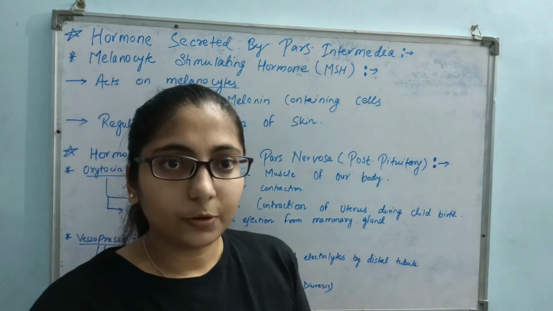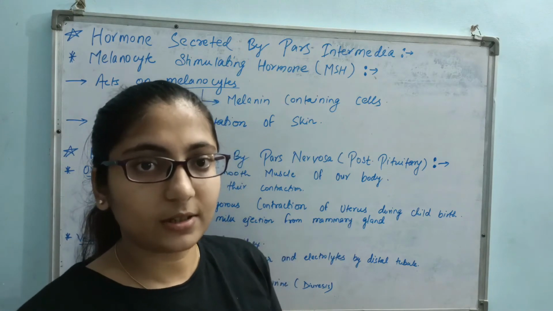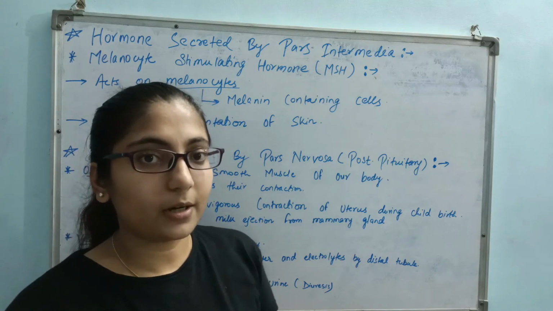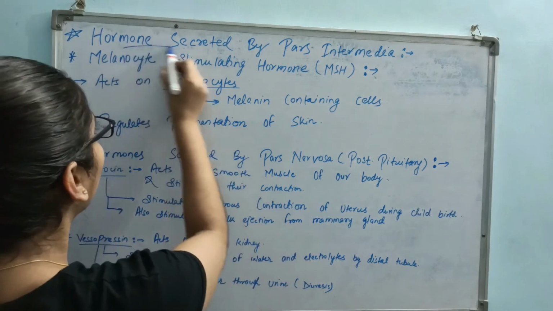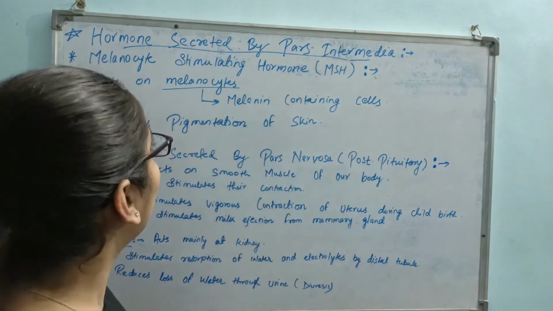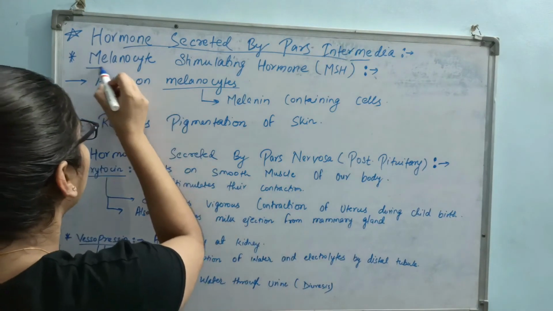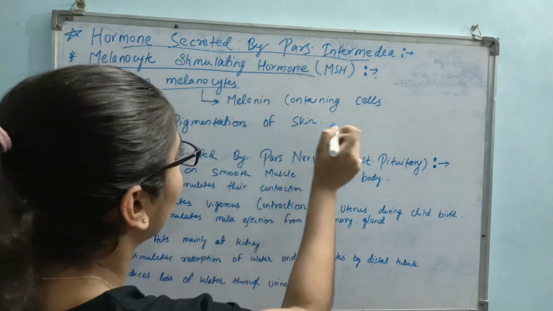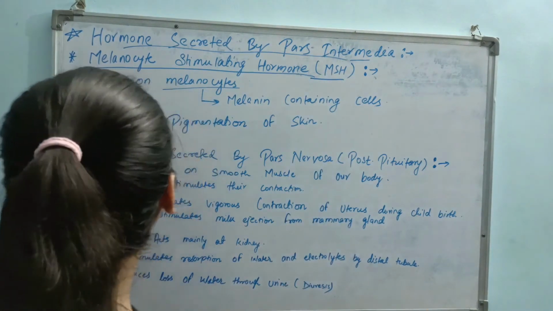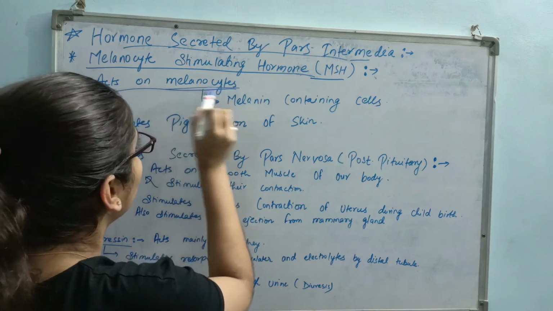Till now we were studying hormones produced by pars distalis. Now we will study hormones secreted by pars intermedia. Pars intermedia secretes only one hormone, that is melanocyte stimulating hormone, also known as MSH in short form. Now melanocyte stimulating hormone acts on melanocytes.